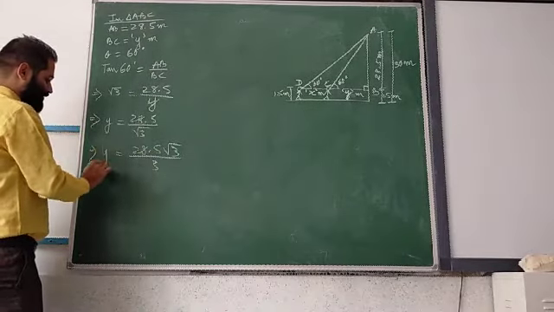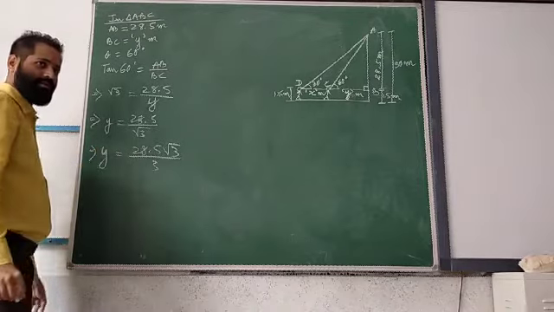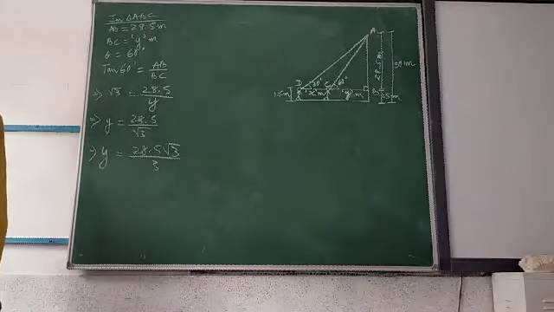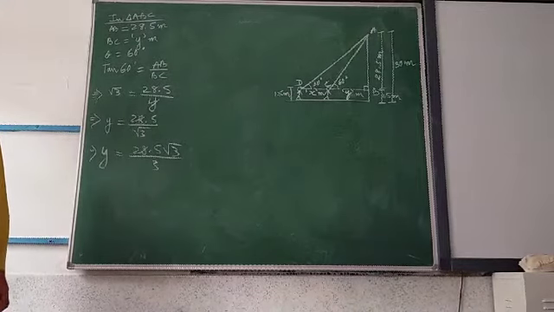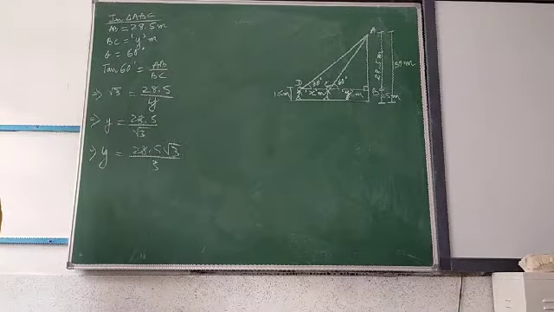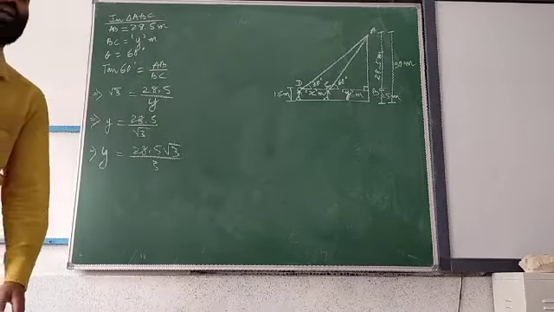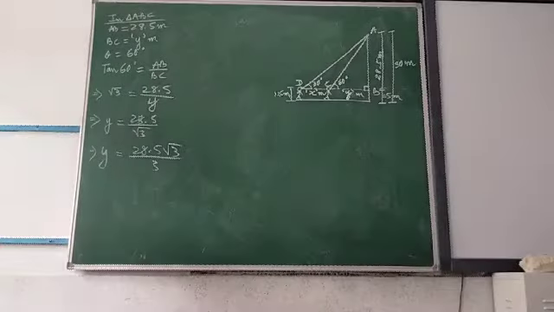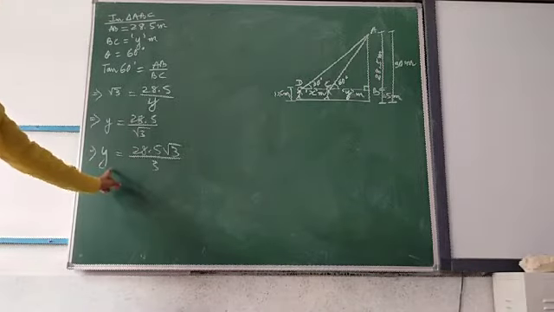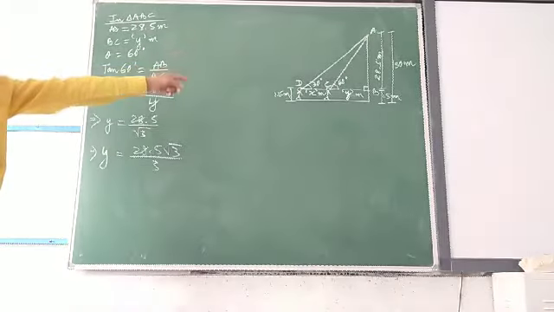Sir, but this is not our final answer. Got it? In the previous question, it was 8 by root 3 and I did not rationalize that, but here I am rationalizing this. This is not our final answer, right? We don't want y, we want x.